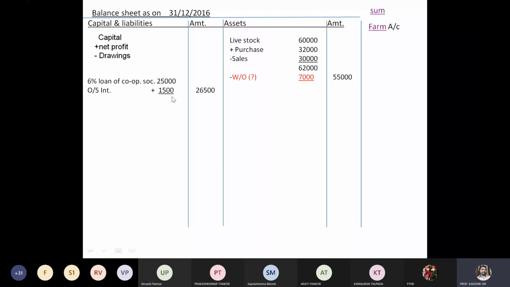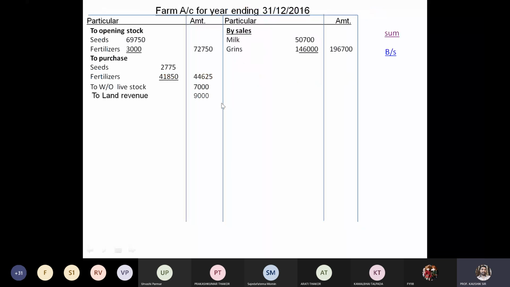Outstanding interest, 6% on the 25,000, as an expenditure, debit side of the farm account. Go to the farm account. Outstanding interest on loan, 1,500.